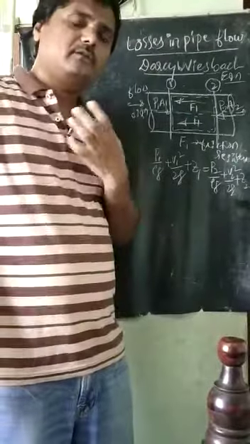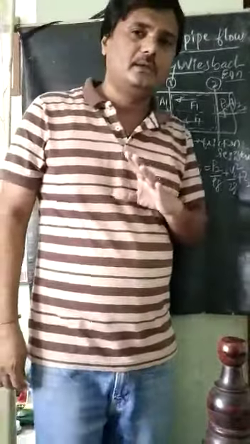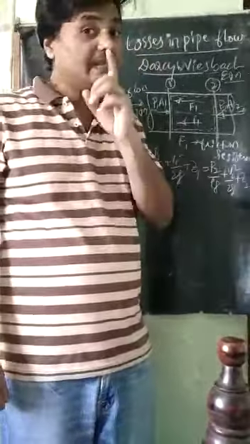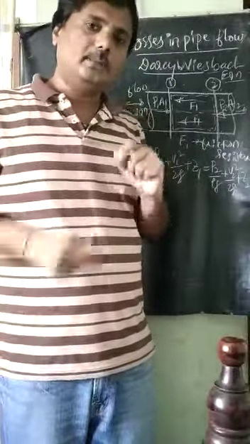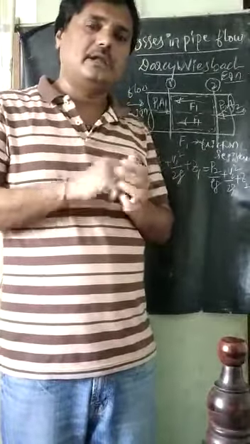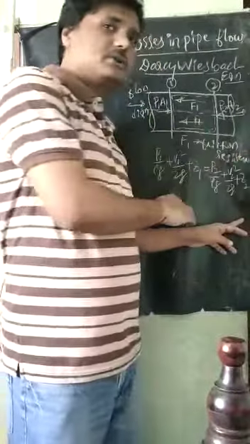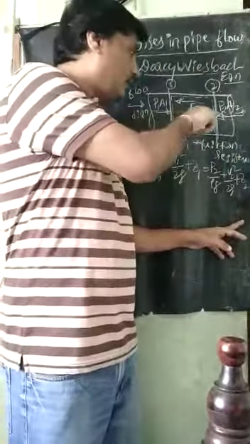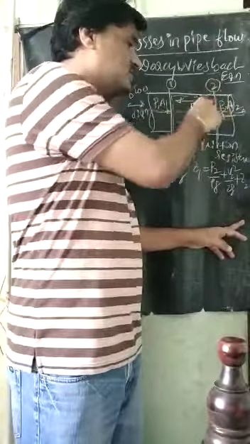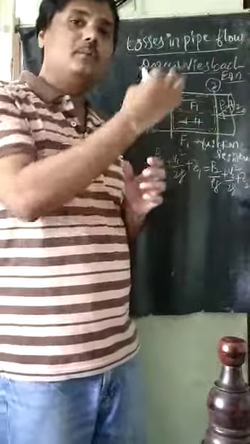As we have studied in Bernoulli's equation for the real fluid, whatever the losses come, that has to be counted at the right side of the equation, because when the fluid is flowing, at the end of section 2, some loss will take place.